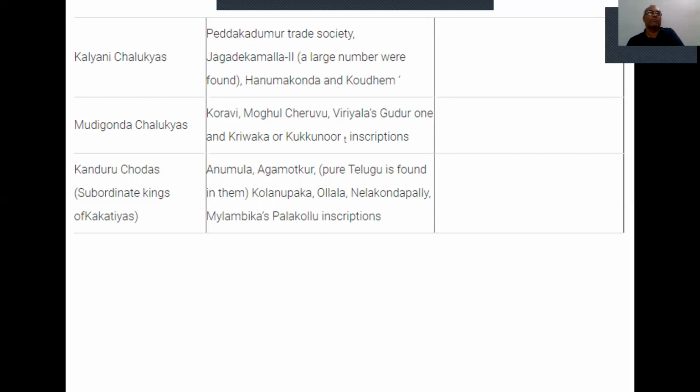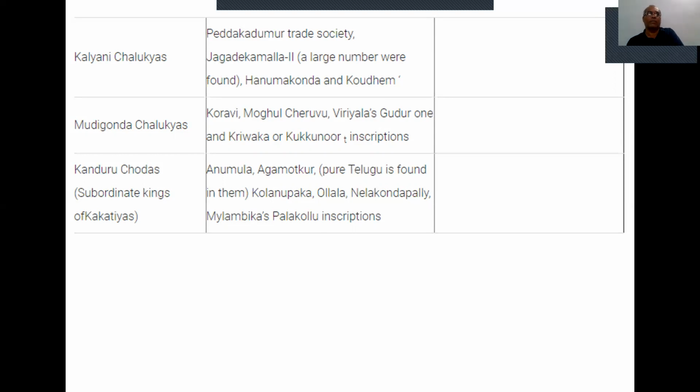So here you also have Mudigonda Chalukyas, and again you find Mudigonda Chalukyas inscriptions available at Korvei, Mogula Cheruvu, and Viryara Gudur 1, and Kiruvaka or Kukunur 2. So all these inscriptions help us to study the history of Mudigonda Chalukyas.